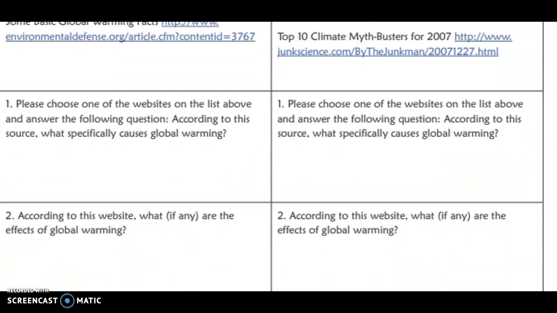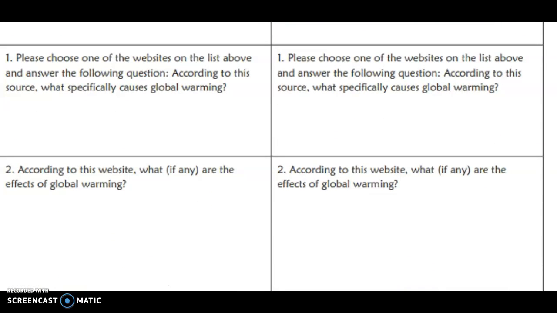And so, at the bottom of your graphic organizer, there are two questions, okay, on this particular page. So, on this side, you are basically going to be answering the same question for each perspective. So, for this particular perspective that feels like humans are the reason for global warming, it says, please choose one of the websites on the list above and answer the following question.